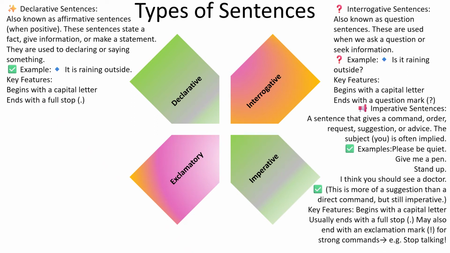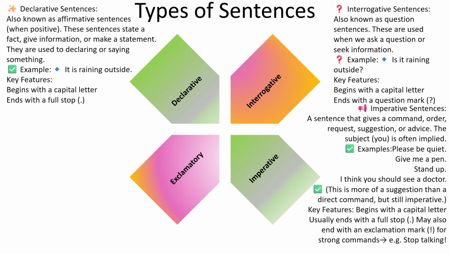The third one is imperative sentences. It is basically a kind of sentence which gives a command or a direction or advice or an order. So a sentence which has a command, order, advice, or suggestion is termed an imperative sentence.